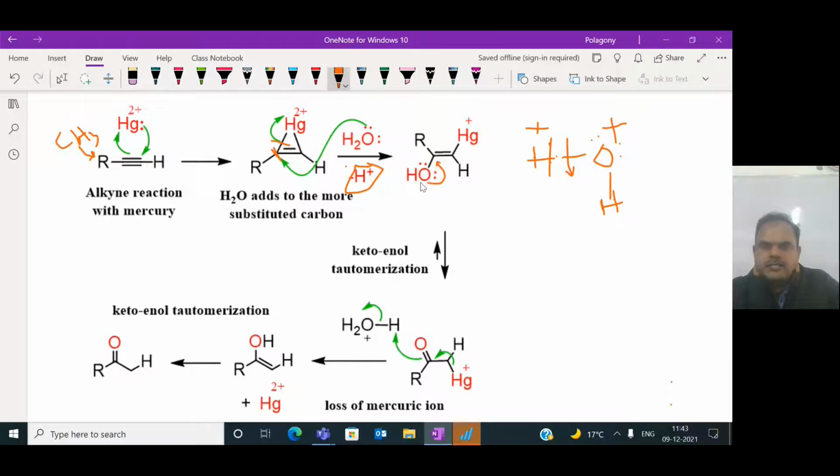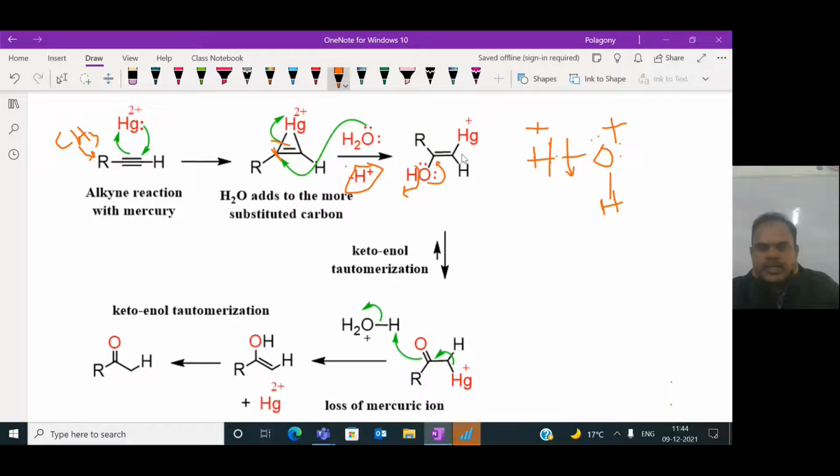When oxygen makes a double bond with this carbon, the oxygen loses its proton, and this proton moves to the carbon that is getting the negative charge.